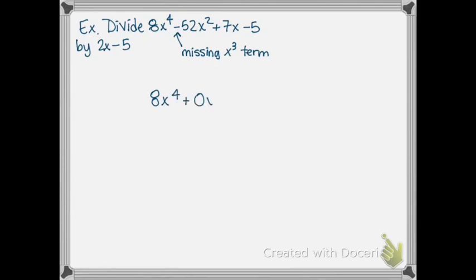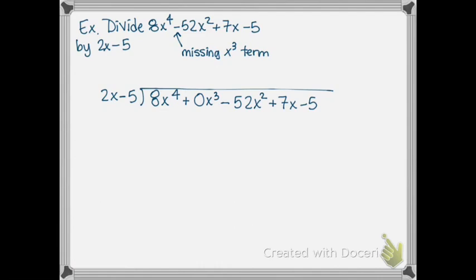So I'm going to put a 0x cubed here and copy the rest as is. Okay, dividing by 2x minus 5. Make sure you're writing all these problems down and paying attention to the video.